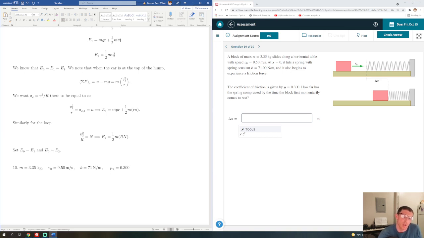Because friction is a non-conservative force, when it does work, we have to be careful about how we apply conservation of energy. Now, I don't know what the textbook gives you in terms of the equation here, but I would write something like this, that the change in energy is just given by the non-conservative work that is done on the object, right?